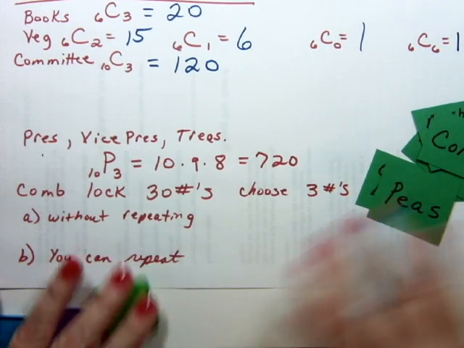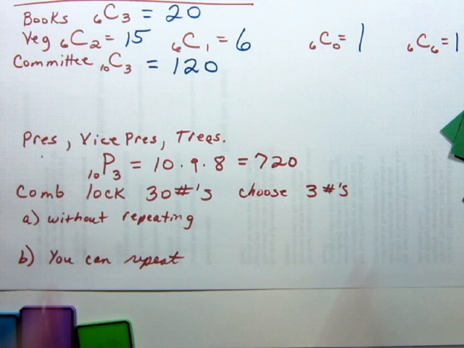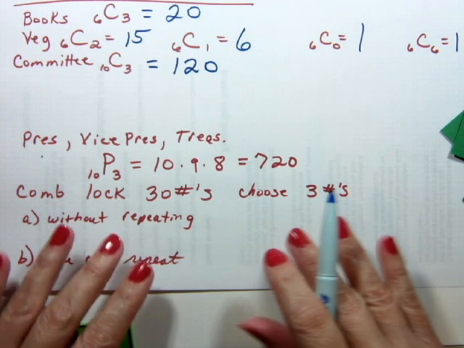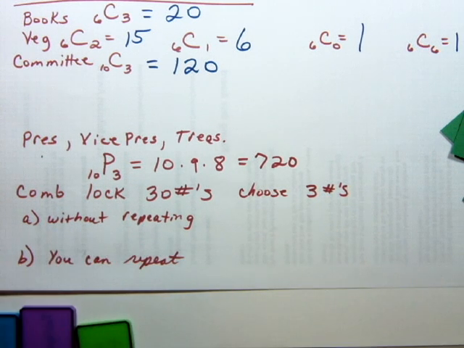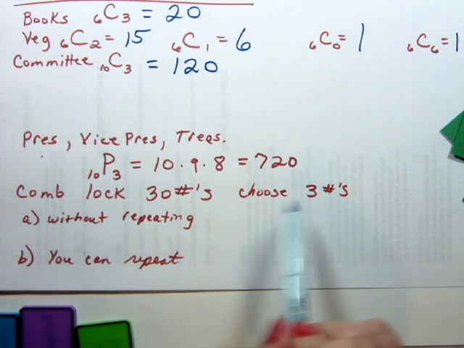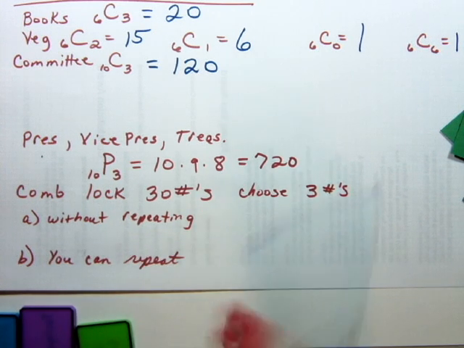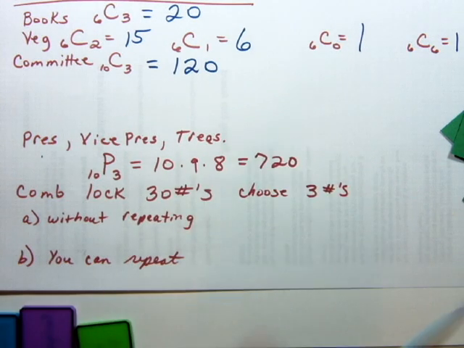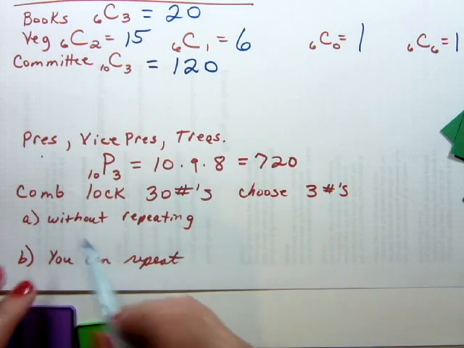Now I wanted to talk about a combination lock because students usually miss the questions on combination locks because the words are a little misleading. If I ask you how many combinations exist for a 30-number lock, you know the old Master locks with 30 different numbers to choose from, without repeating.